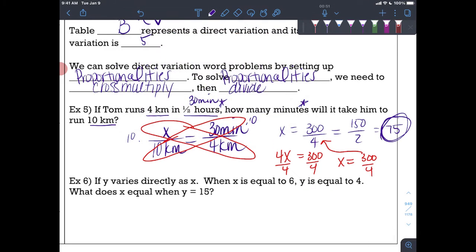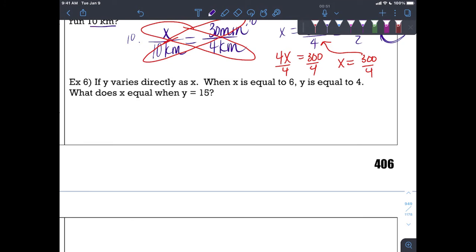So, next example. If y varies directly as x, when x is equal to 6, y is equal to 4, what is x equal to when y is equal to 15? All right, so I know my 2 y's, so I'm going to put those guys at the bottom. This is the y that does not have an x paired with it.